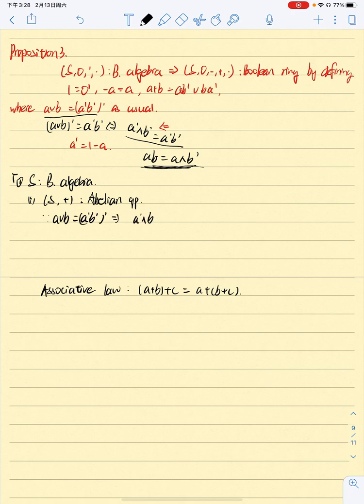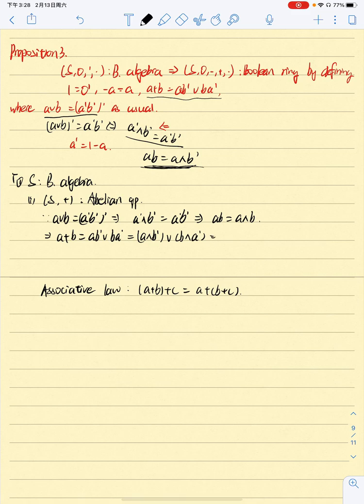So A prime and B prime equals A prime B prime, so equal to A and B. Okay, and from here, A plus B. A plus B is A B prime or B A prime. This is equal to A and B prime or B and A prime.